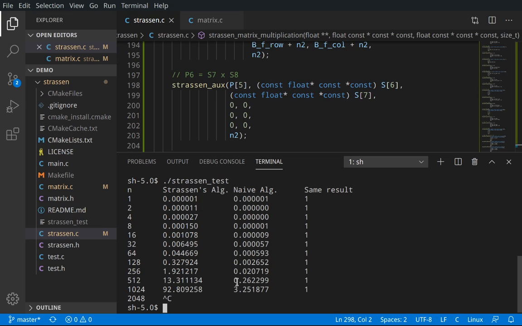While with the naive algorithm, I discover that it grows much faster than the Strassen one, which is not surprising because the naive algorithm is cubic while the Strassen algorithm is subcubic.